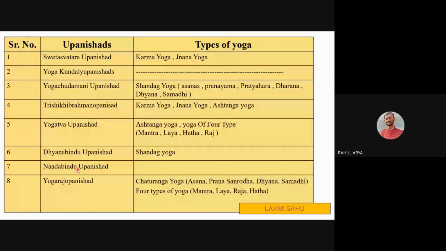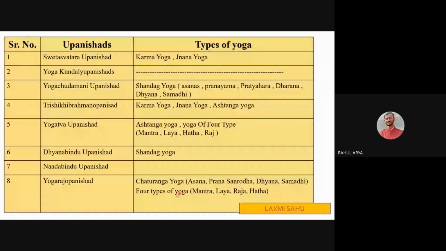Nada Bindu Upanishad: because here there is the Hamsa example, we will study the 12 kinds of matras. So no special type of yoga is mentioned there. Yoga Raja Upanishad follows Chaturanga Yoga: asana, prana sanrodha, which is the same as pranayama, dhyana, and samadhi.